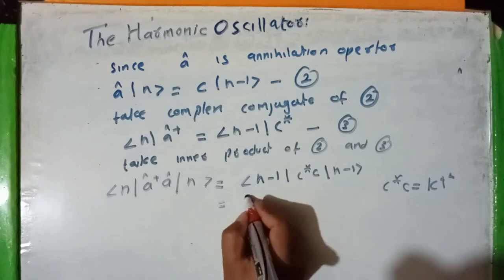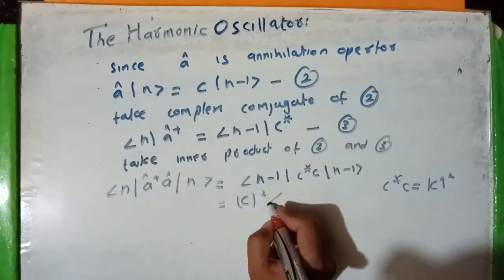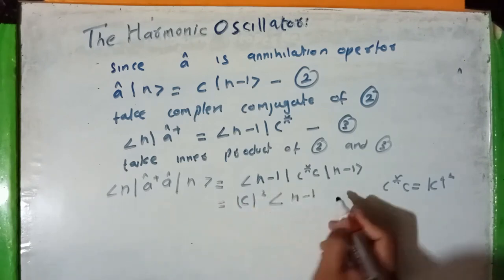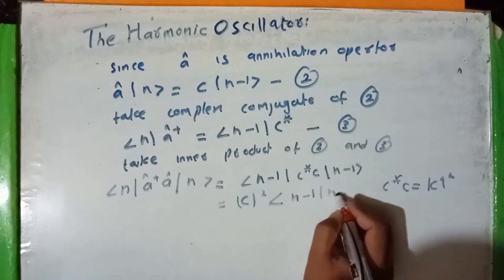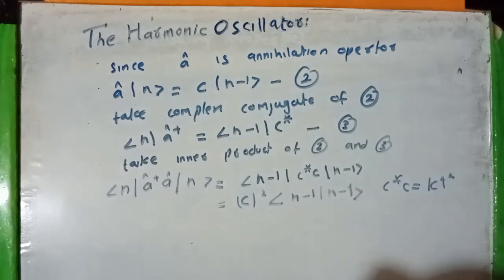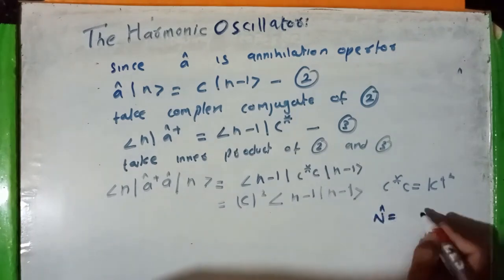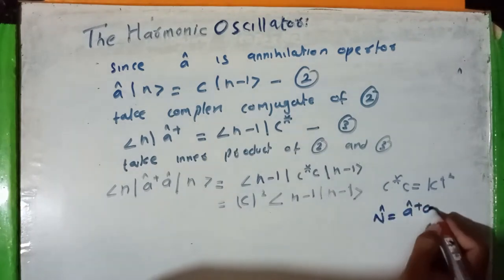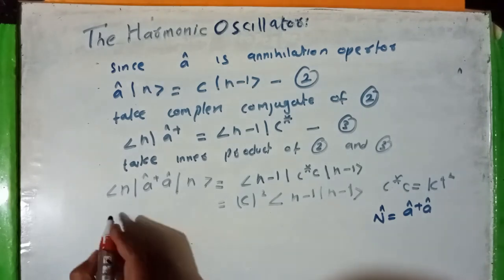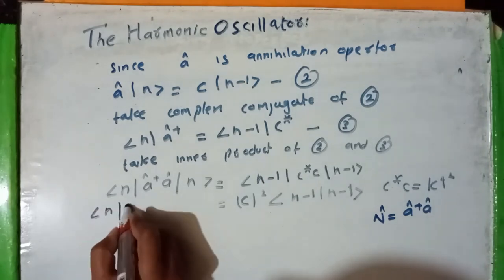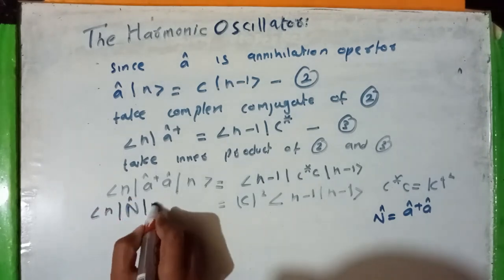So this is equal to C square n minus 1 n minus 1. Since n is equal to a dagger a, this term is equal to the operator n.